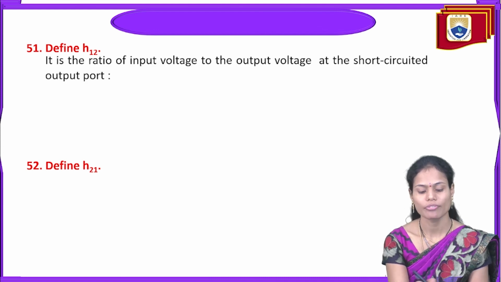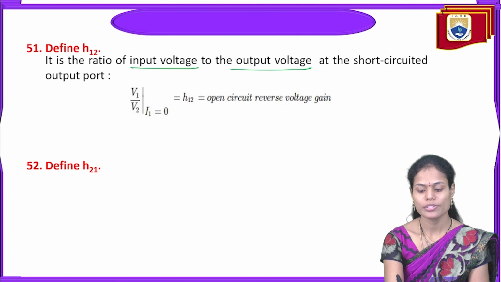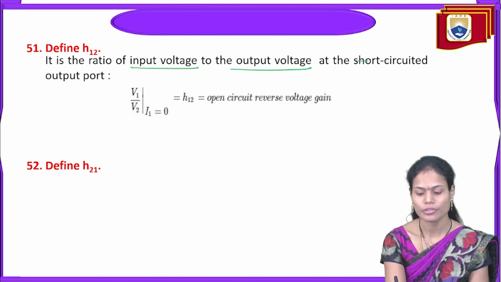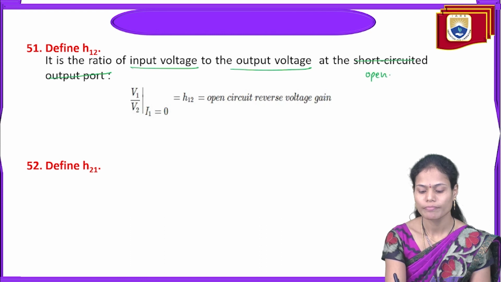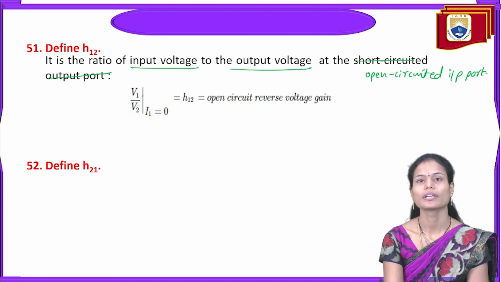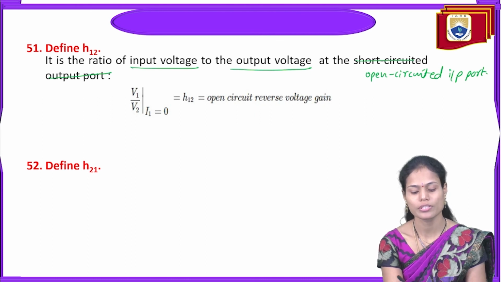It is the ratio of input voltage to output voltage, V1 by V2, whenever the input port is open circuited. So this is the open circuit reverse voltage gain.